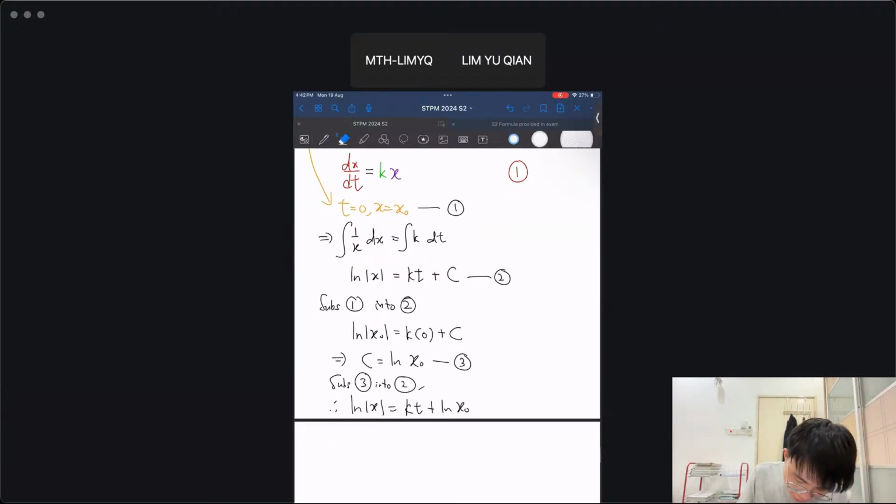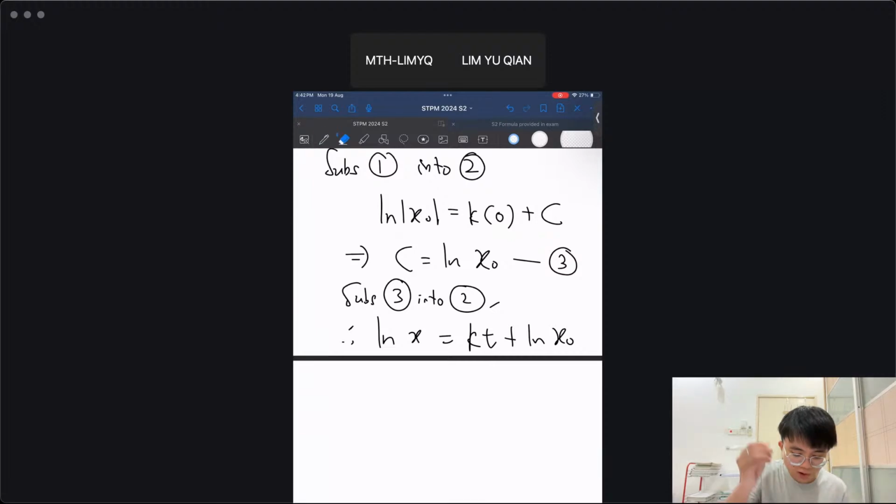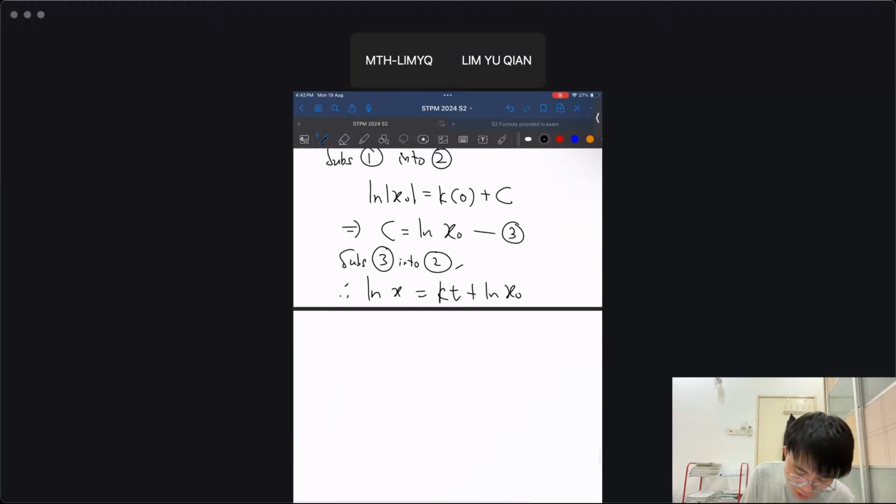Here also you can drop the absolute value because x also is a mass, a positive value. But this is not enough. You cannot say this is your final answer because most probably you are going to express x as the subject, in terms of t. So what you do is take the exponent on both sides, e to the ln x. Just cancel the ln and put the e over there. Okay, if you understand this process, kt plus ln x0.